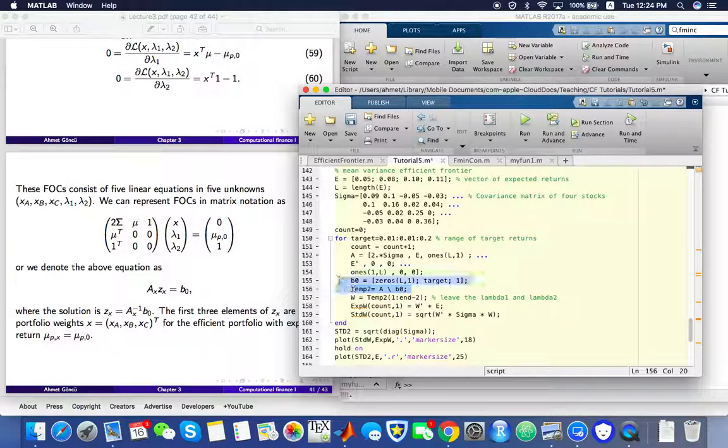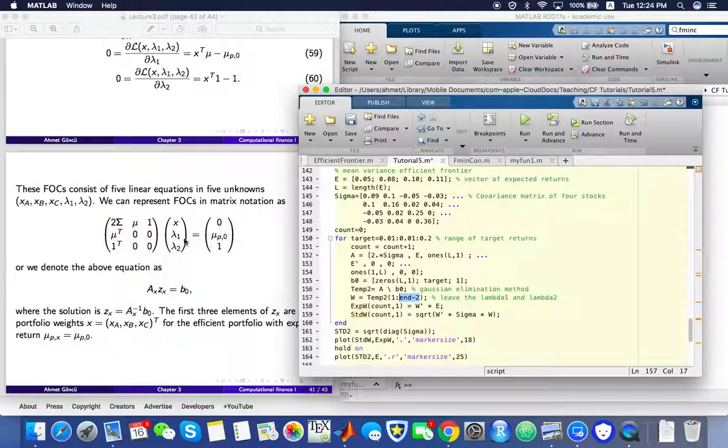And then you can see we are solving this using the Gaussian elimination method here. And as we said before, you can also use the direct inversion, which is again fine for this small scale example.